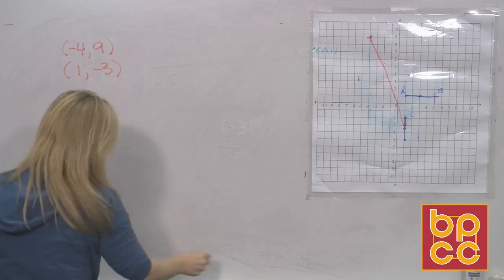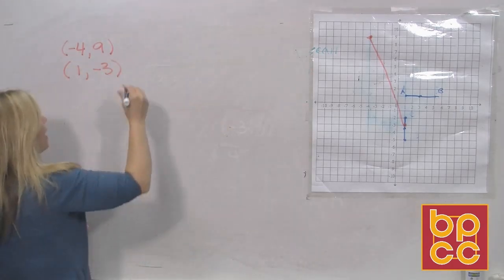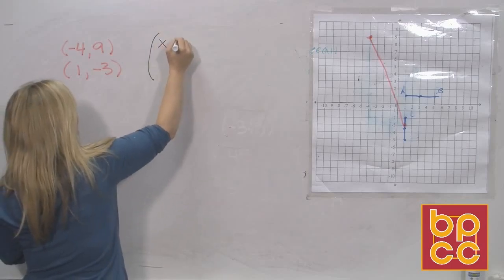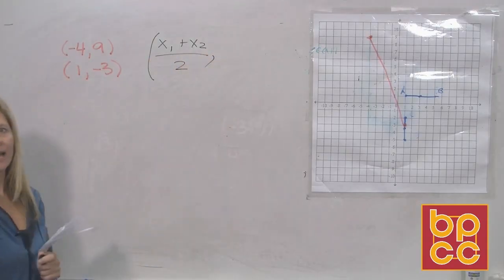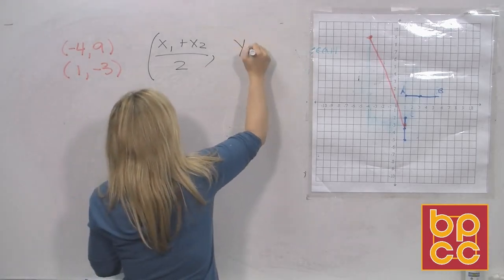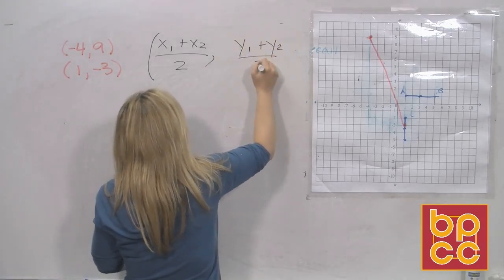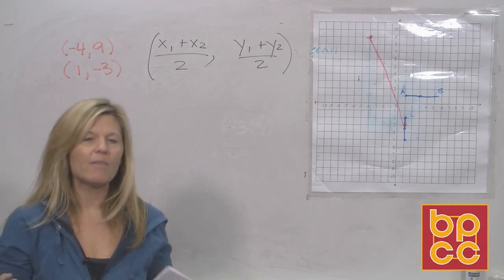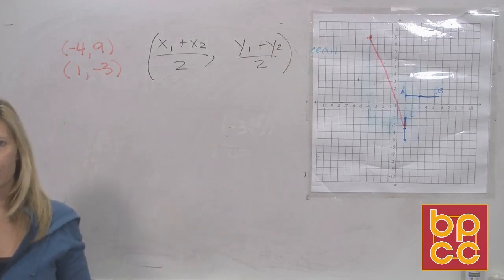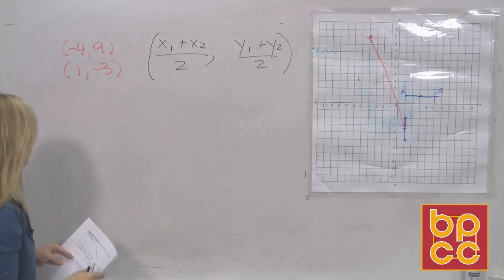And the midpoint says, very simply, we're going to average. We're going to take our x's, add them, and divide by 2, because you can only add terms that are alike. We're going to take our y's, add them, and divide by 2. The reason why that formula is in parentheses is because we're finding an answer that's a point. And a point's got to always go in parentheses.